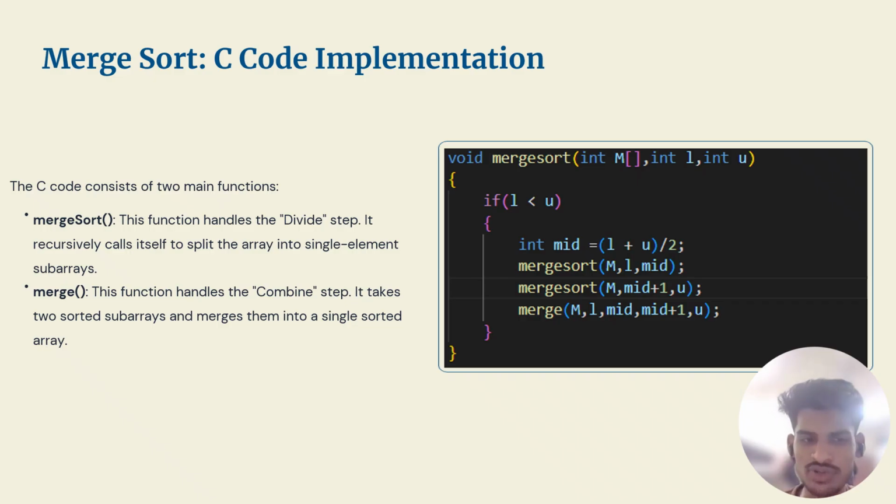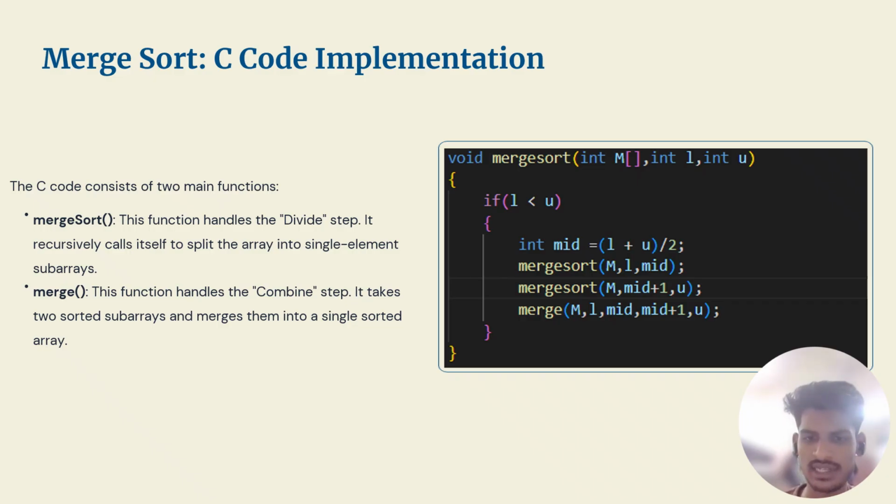Here, we are calculating the mid value using the formula mid equals to l plus u by 2. This gives the middle index of the array, so we can split it into two halves. Next, merge sort of array, l to mid. This stands for merge sort again on the left side of the array from l to mid. This is the recursive divide step.